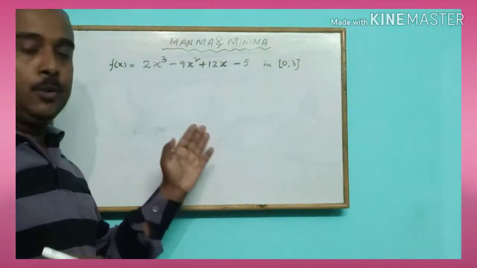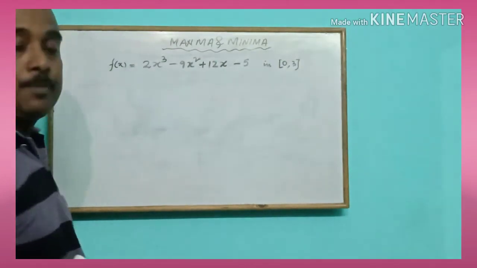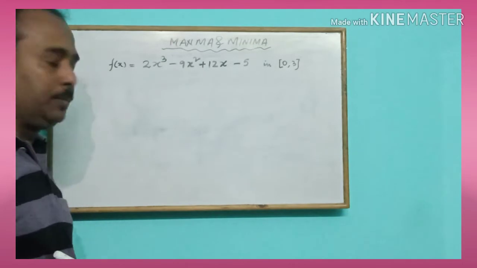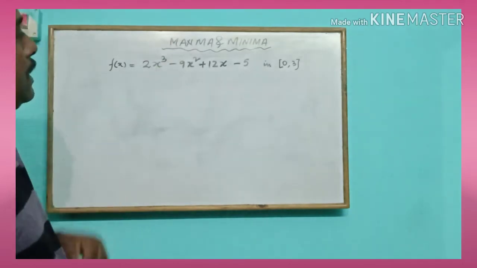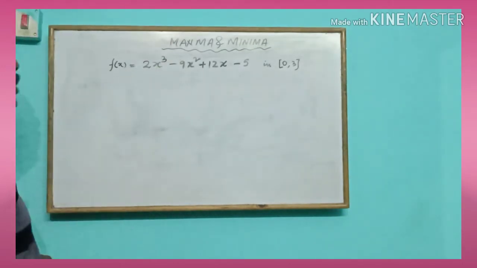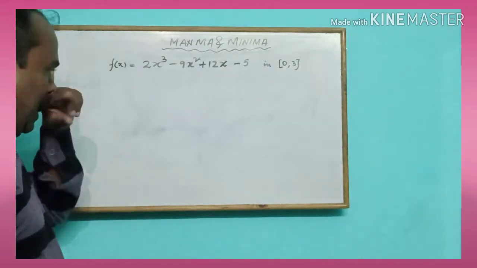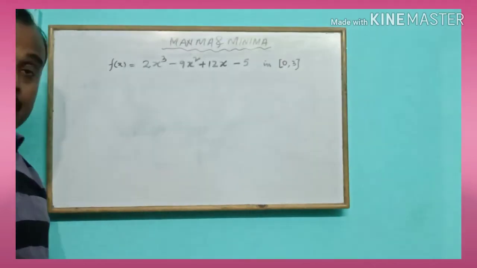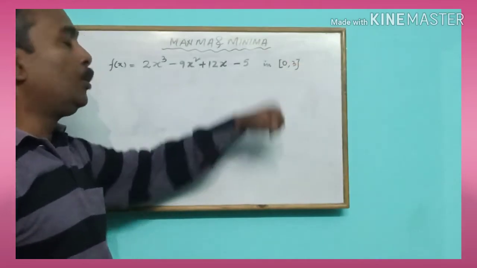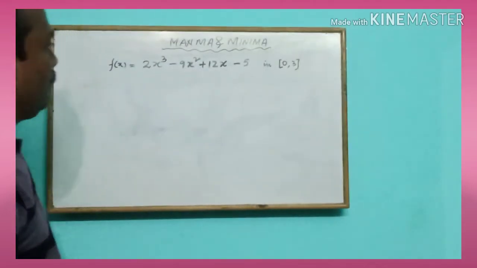Well, to understand the concept of absolute maxima and absolute minima, let us take this example. f(x) equal to 2x cube minus 9x square plus 12x minus 5 in the interval [0, 3]. This is the domain of the function.